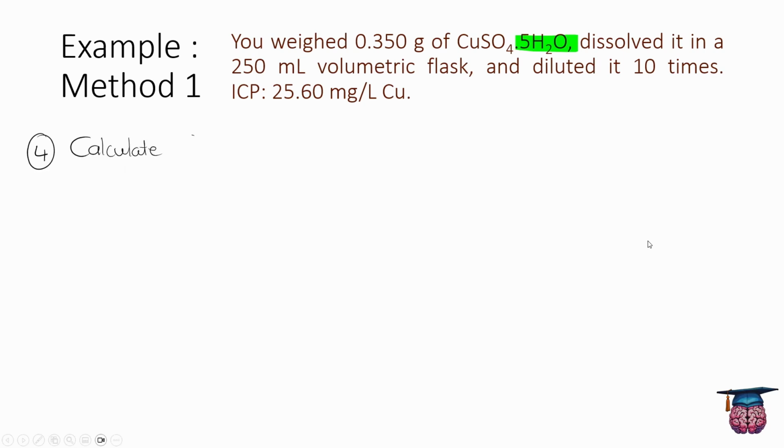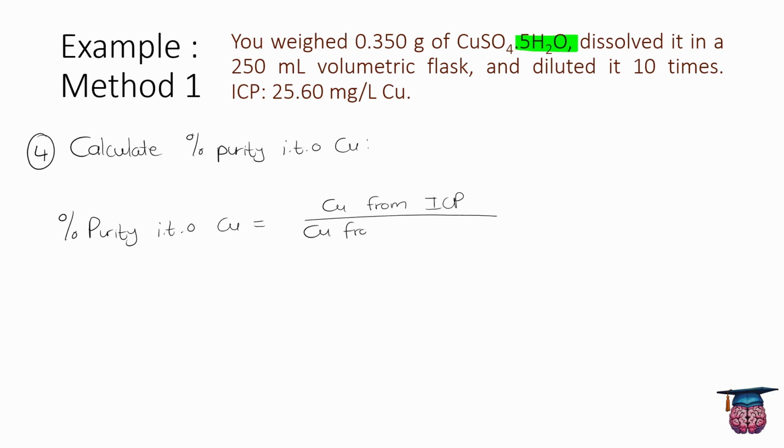Now we have all the information that we need to calculate our percentage purity in terms of copper. So calculating our percentage purity in terms of copper, we will be taking our copper from our ICP divided by our copper from our weighed sample, and then multiply it by 100.